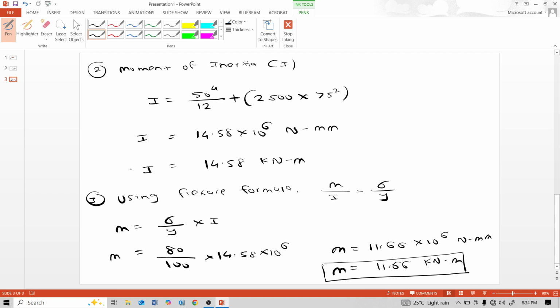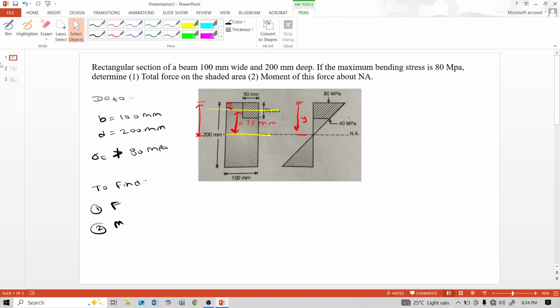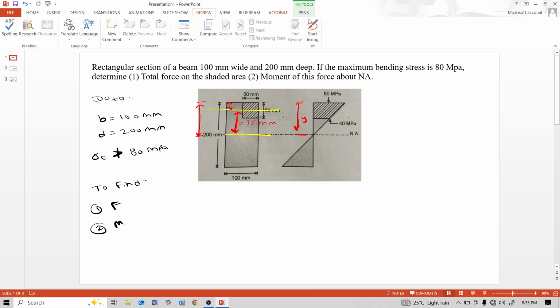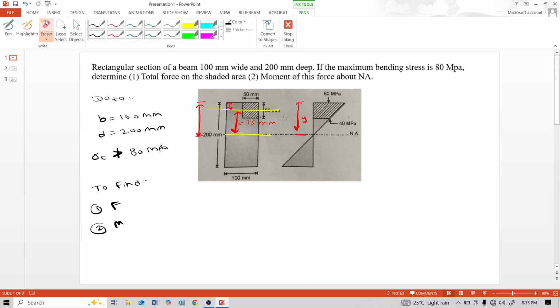So, once again, see this numerical. A rectangular section of a beam 100 mm wide, this width is 100 mm, and 200 mm deep, this depth 200 mm, for that rectangular section.